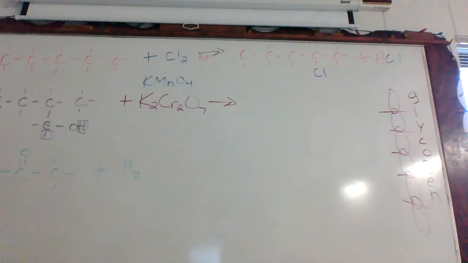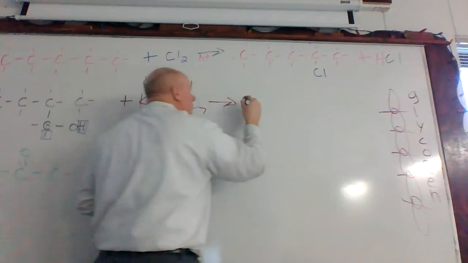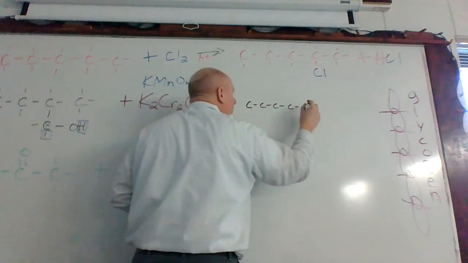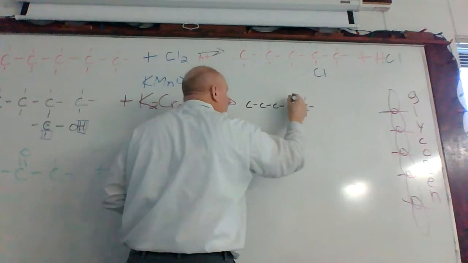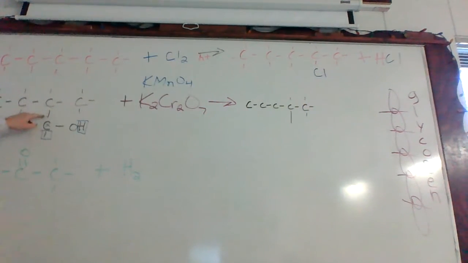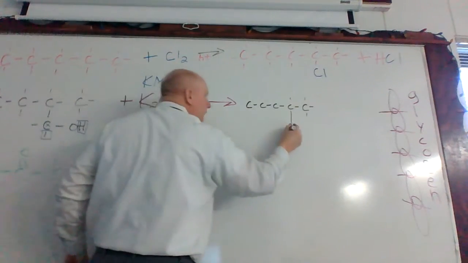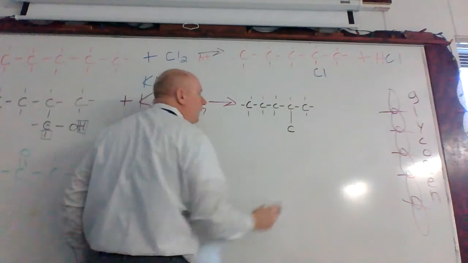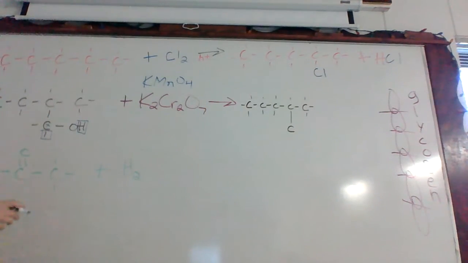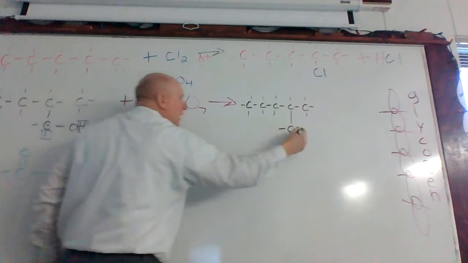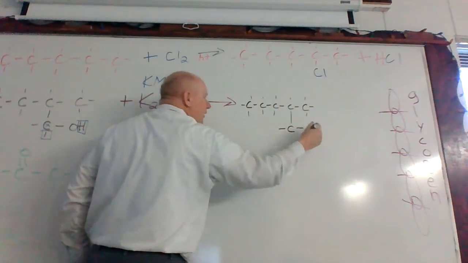So what we see happening then, 1, 2, 3, 4, 5. So we'll put this a little smaller. We'll stretch that out a little bit, this carbon-to-carbon bond here. All these hydrogens are still there. So this hydrogen is still here. This oxygen is still here.